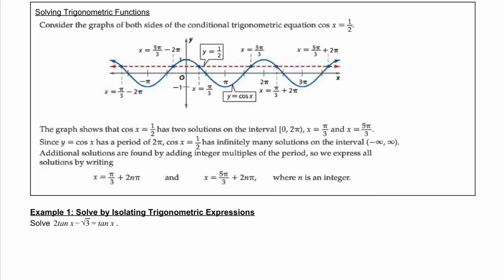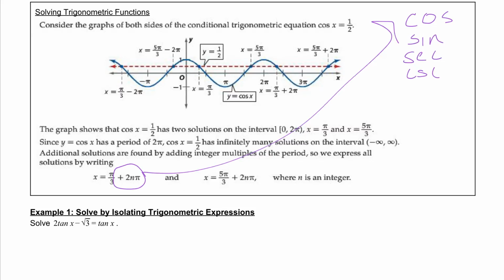So one thing to note, this plus 2n pi, you're going to add that on to your cosine functions, your sine functions, your secant functions, and your cosecant functions, because all of these graphs have a period of 2 pi. So things will repeat every 2 pi. Another thing to note, though, your tangent and cotangent graphs have a period of just pi.